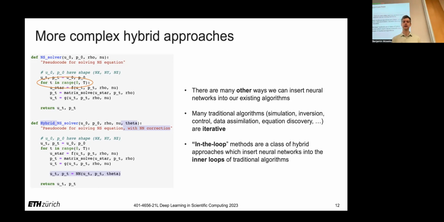So we define a broad class of hybrid techniques, which are called in-the-loop methods. Very simple idea: we're going to add some learnable component in the inner loop of that traditional algorithm. Once you realize that many different algorithms have these, it's really interesting to study these types of hybrid methods.